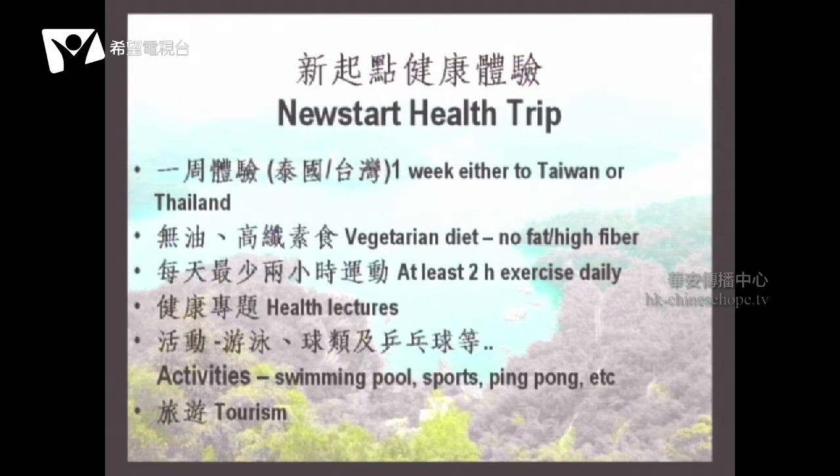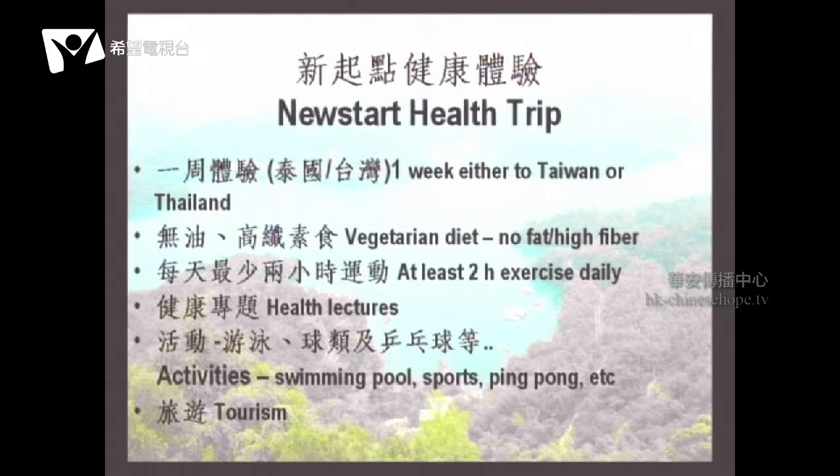So when they were there, they have a chance to practice exercise and a vegetarian type of diet. At least they practice 2 hours of exercise every day.